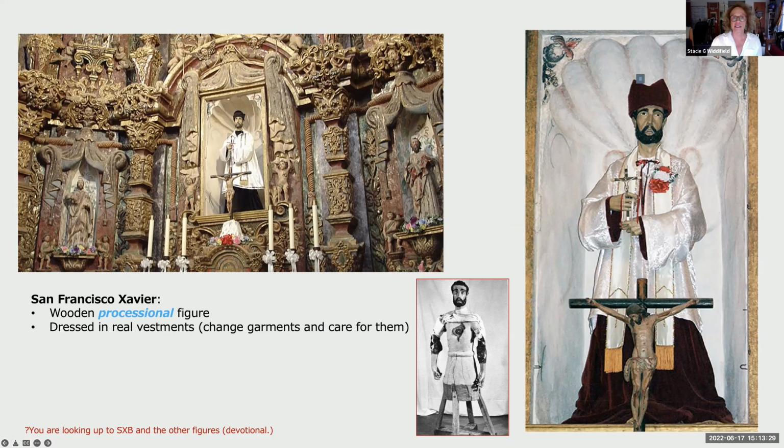And you can actually see the difference between this photograph and this one. You can see details here. The colors of the garments have changed, so that this is a different time of year for a different liturgical moment. So somebody dresses these figures, and groups dress them, and groups take care of these figures and take care of the garments. So it's a very, very important kind of sacred responsibility to do that.